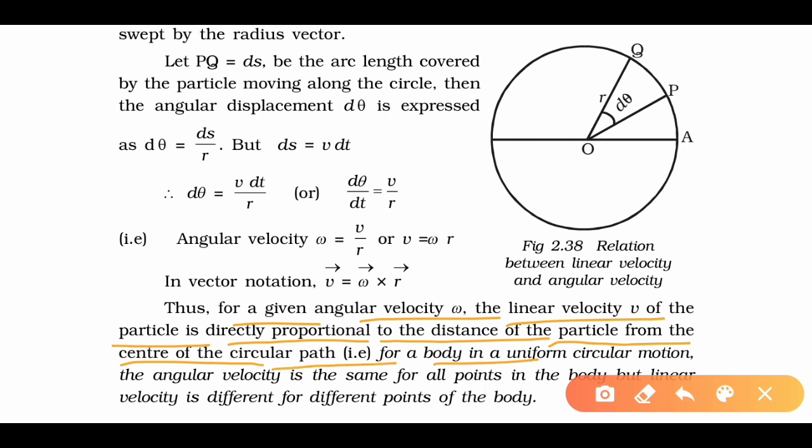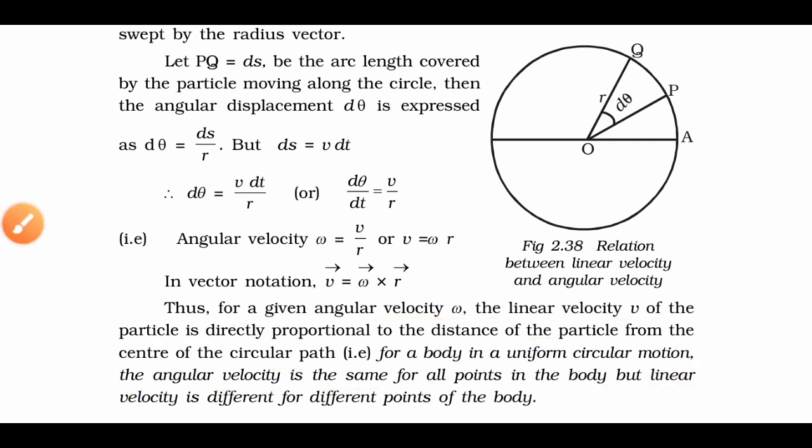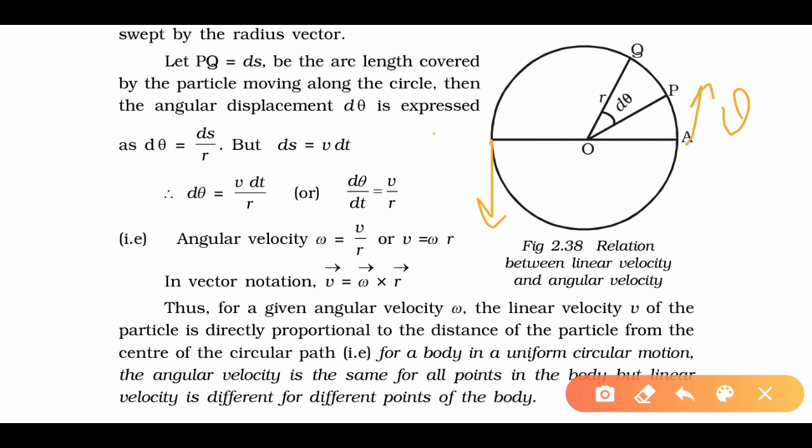For a body in uniform circular motion, the angular velocity is the same for all the points in the body, but linear velocity is different for different points of the body. So just remember, the magnitude of linear velocity v at different points will be the same, but the direction of linear velocity will be different at different points. But the angular velocity will be the same for all the points in circular motion.